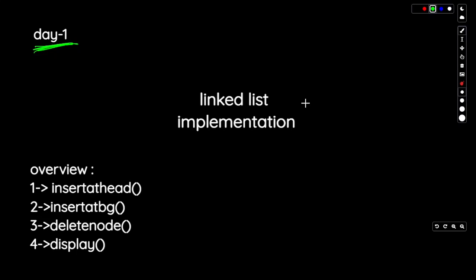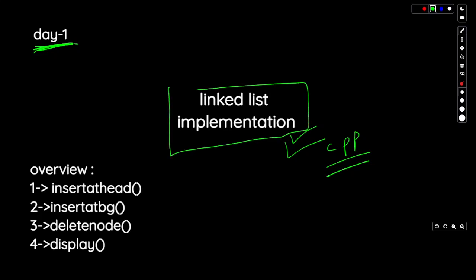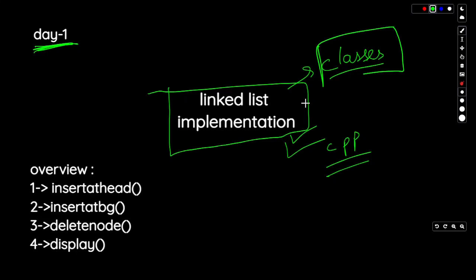Okay, so in this day one for linked list, today we'll be learning about linked list implementation in C++. Throughout this video, first of all, we will be implementing a linked list through classes in C++. If you don't really have an idea of classes in C++, I would not really recommend you to watch this video.